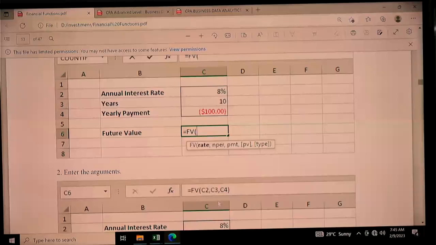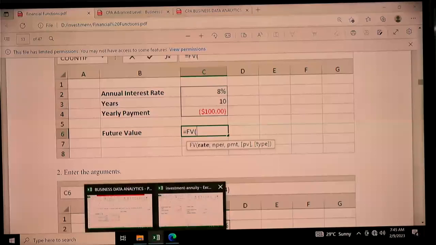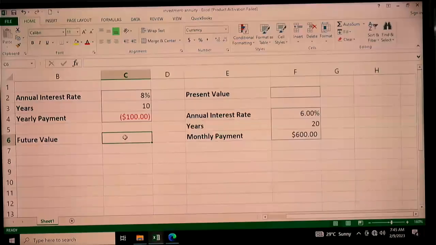But now I want to see, with that rate that is given, how much you will get as the future value. The reason why we have indicated this one as negative is because it's a payout. This is the amount that you are going to pay every year.